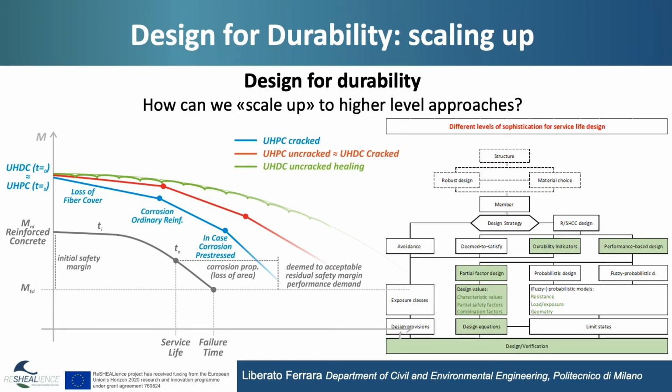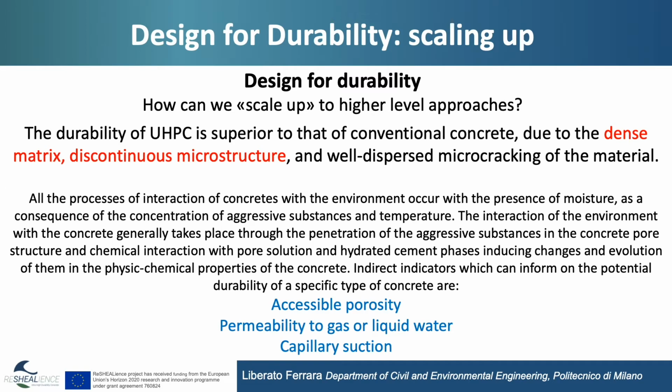Well, as a matter of fact, since we know that durability is superior to conventional concrete for ultra-high performance material due to dense matrix, discontinuous microstructure, let's try to focus on this now. We have first of all to consider durability indicators related to this state and related to the fact that all the process of interaction of concrete with the environment occurs in the presence of moisture, which may contain and convey aggressives.